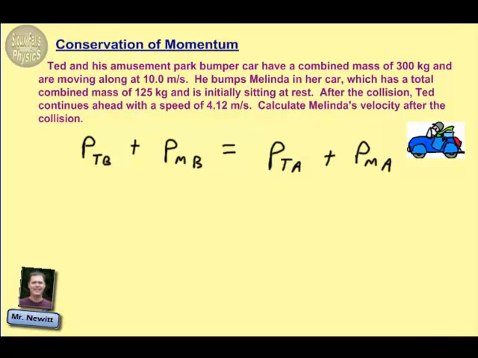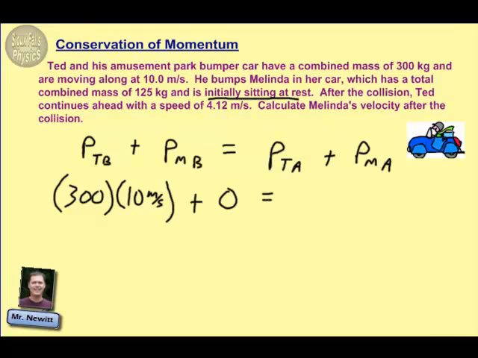So the momentum that Ted has before this collision is simply his mass, 300 kilograms, and it's the mass of him and his car, times his velocity of 10 meters per second. Melinda, on the other hand, before the collision, has a momentum of 0. And that is simply a result of the fact that she is initially sitting at rest, so she has no velocity, so no momentum.